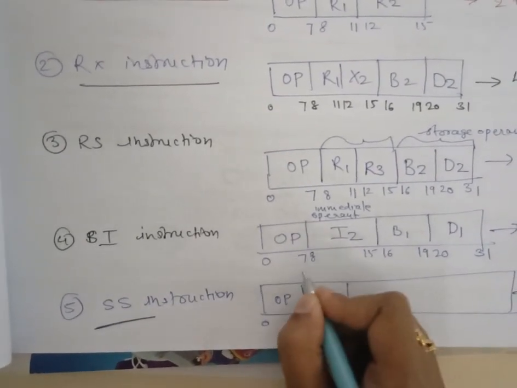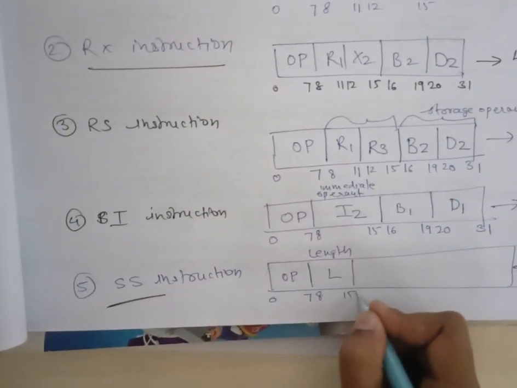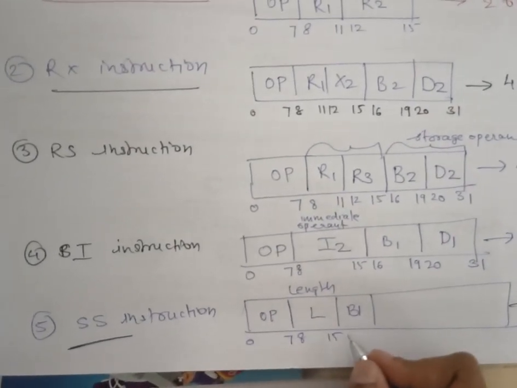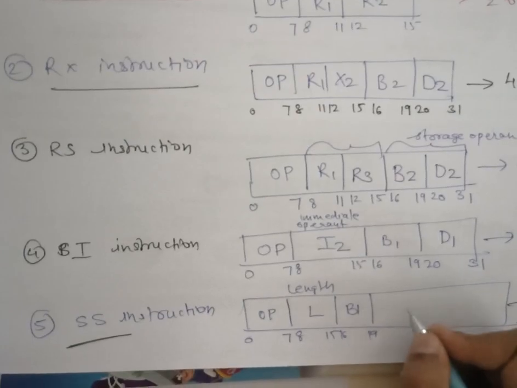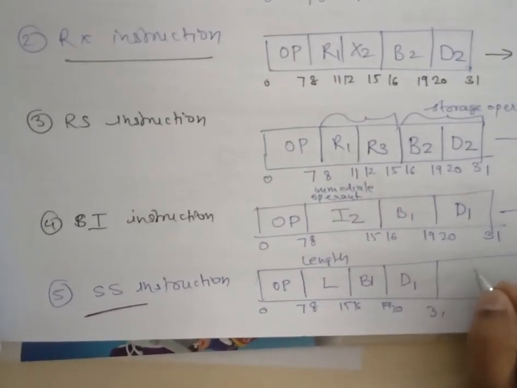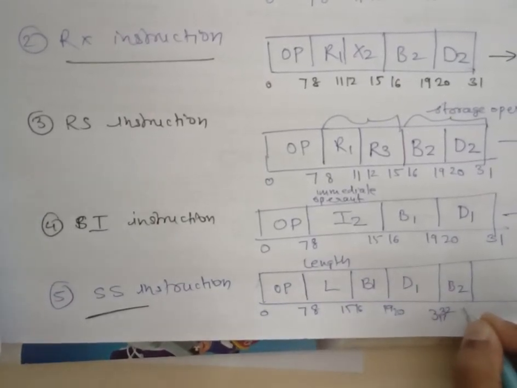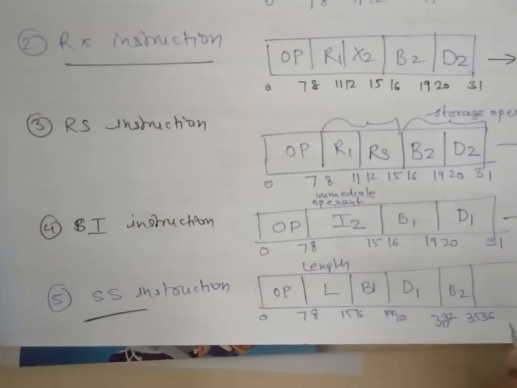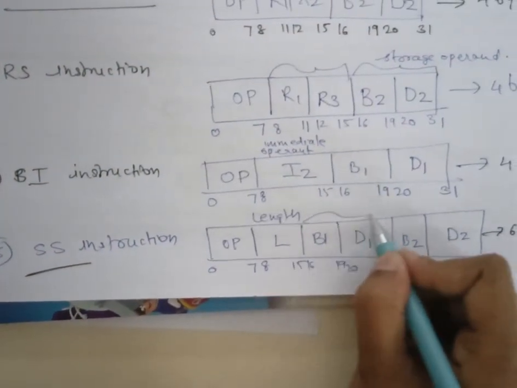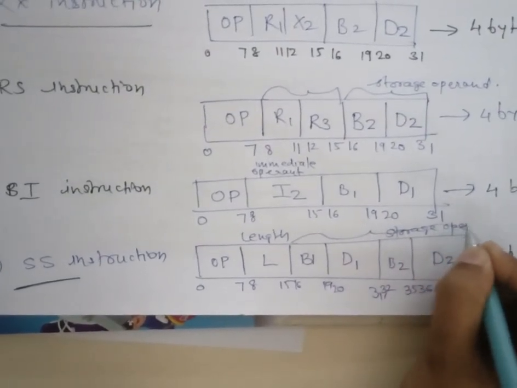Then we have the length, which contains 8 to 15 bits. Then base 1, which contains 16 to 19 bits. Then displacement 1, 20 to 31. Then again base 2, 32 to 35, and the last one again displacement 2, 36 to 47. So this part is used for the storage of an operand.